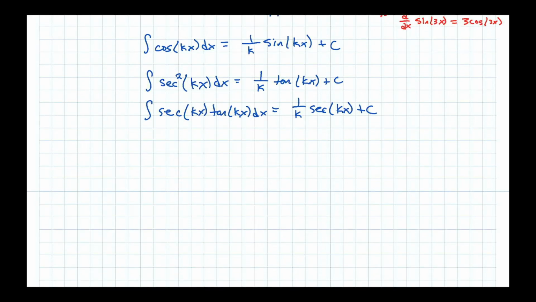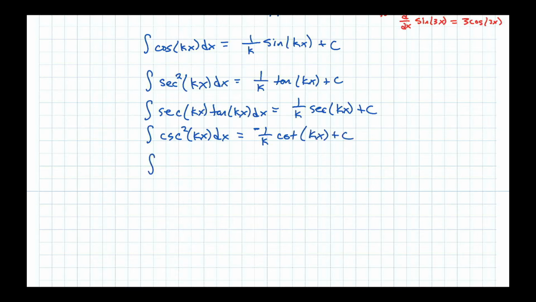We did secant, we did tangent, we got cosecant and cotangent, and that'll be it. So the antiderivative of cosecant kx is going to be 1 over k negative cotangent kx plus c.